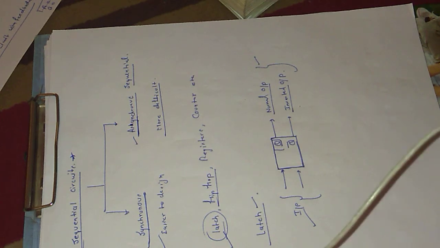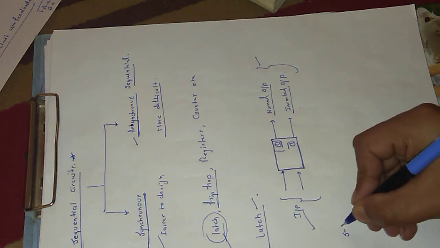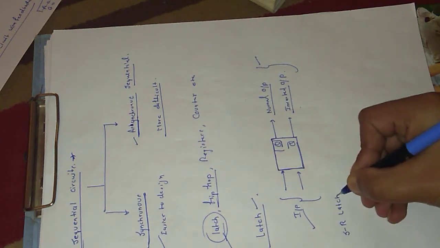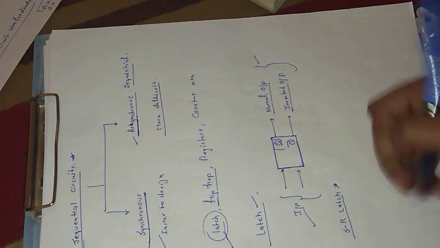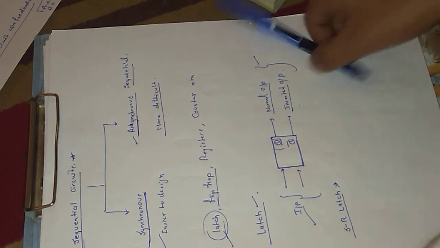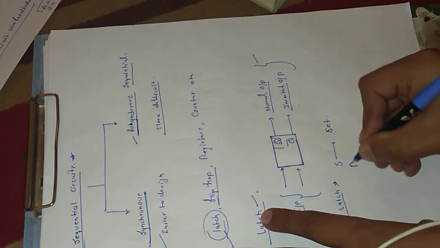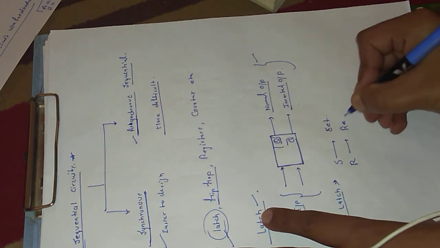Now there are different types of latches, like SR latch, D latch. There are a number of latches. We will start our discussion with the SR latch, where S represents set and R represents reset.